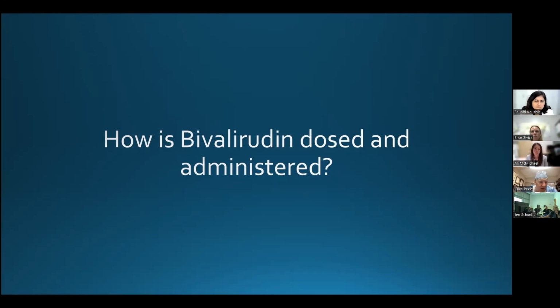And then we'll start our bivalirudin usually at 0.05, or if we're worried about the patient bleeding, we'll start at 0.03. Then we'll do a PTT in 3 hours and adjust it accordingly. It all depends on how much the patient is bleeding and what the clinical scenario is.